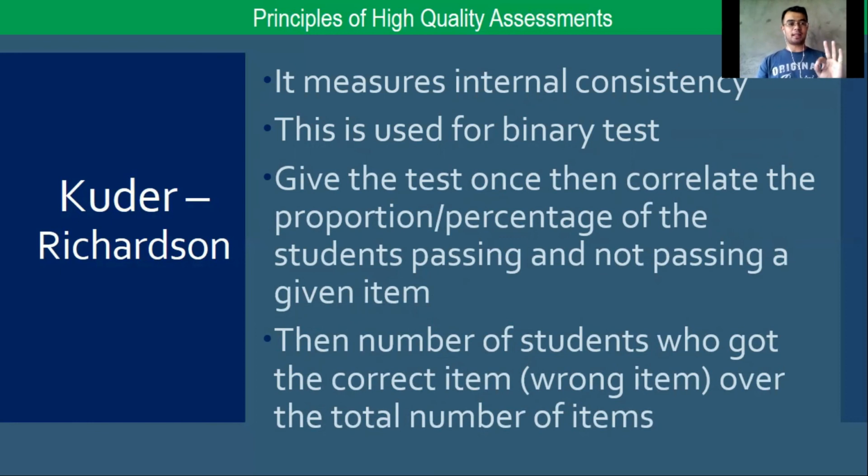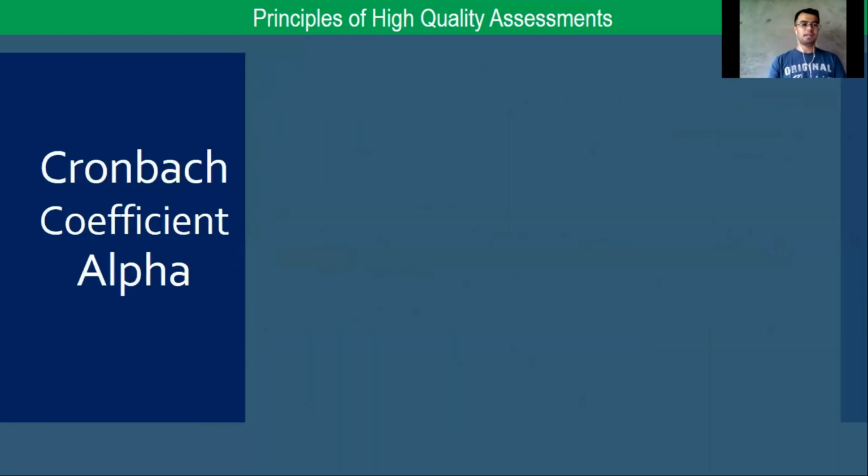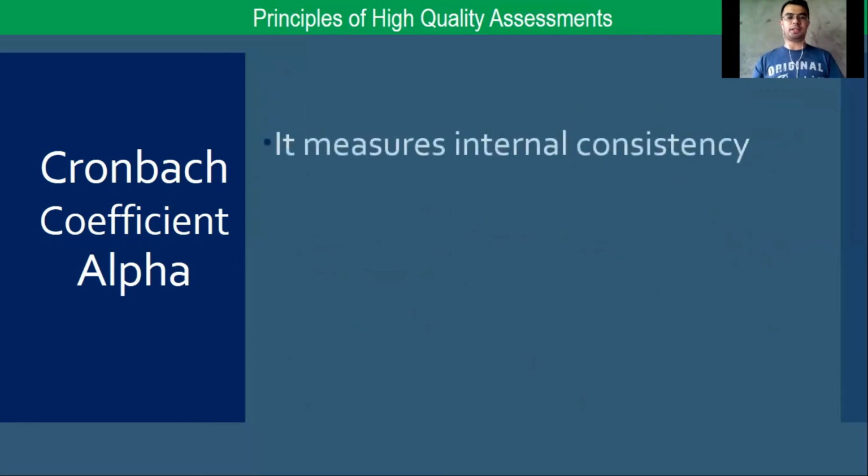The first three types of reliability will be used for multiple choice, and this one is used again for binary tests. Number five, we have Cronbach's coefficient alpha. This one also measures internal consistency.